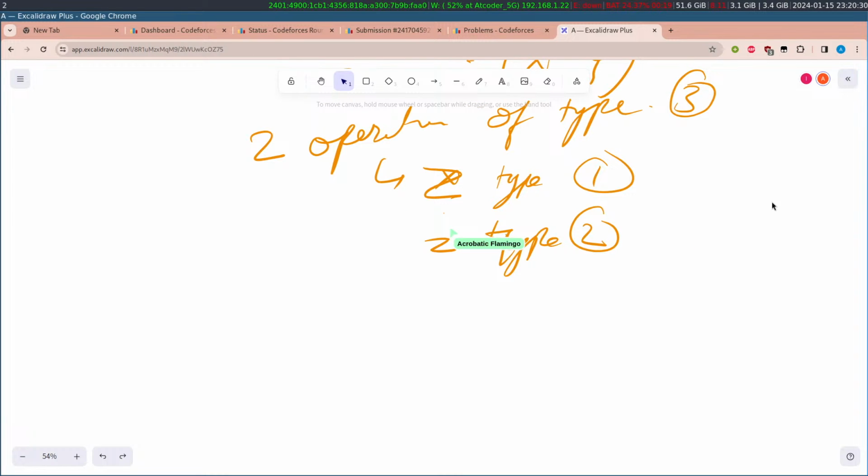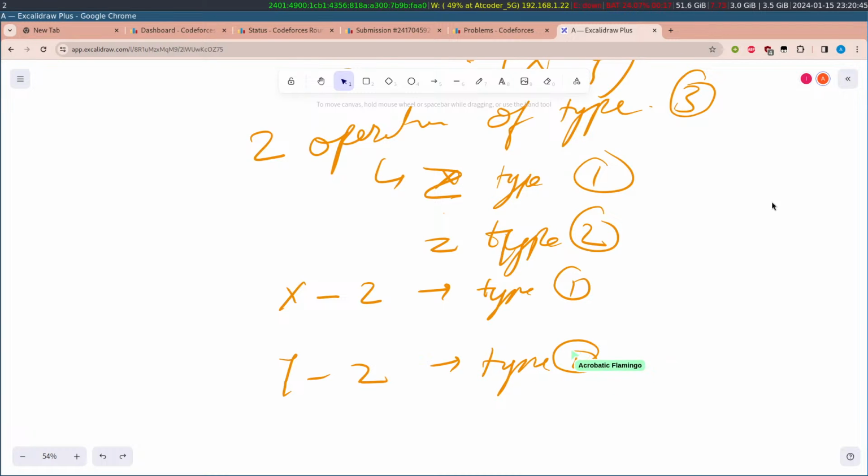And then one of them would be 0, and the remainder would be either x minus z or y minus z. We can later do the x minus z type 1 operations and y minus z type 2 operations separately.